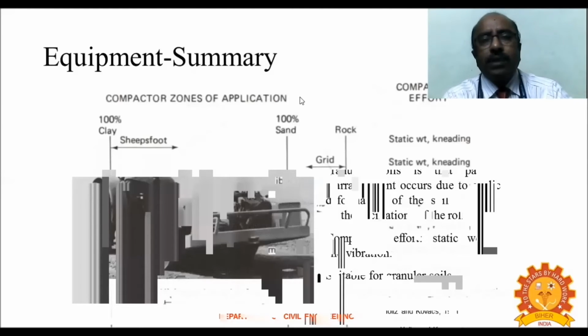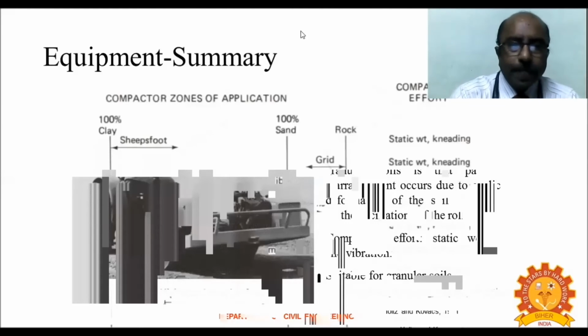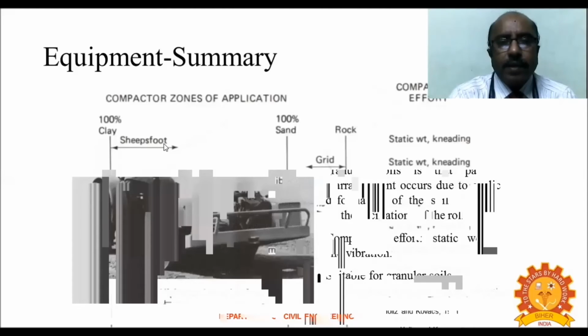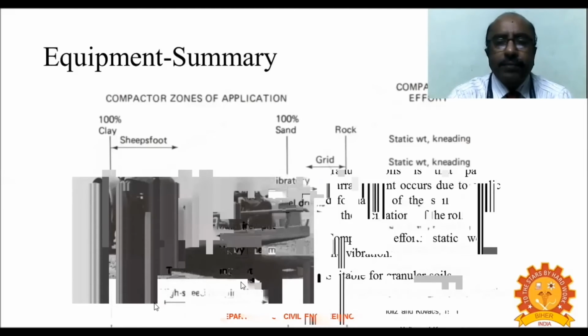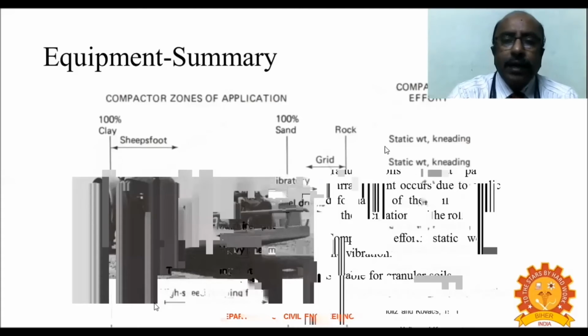Now this shows a summary of the equipment used. When you have 100% clay, the best equipment is a sheep foot roller, whereas if it is 100% sand, it is vibratory. In between, you can use these different types of rollers.